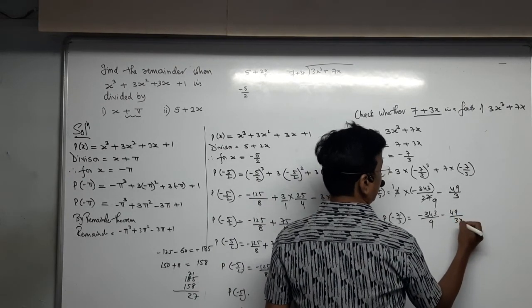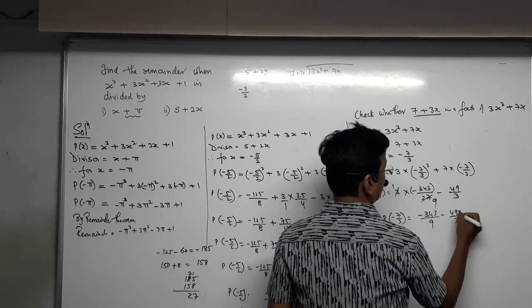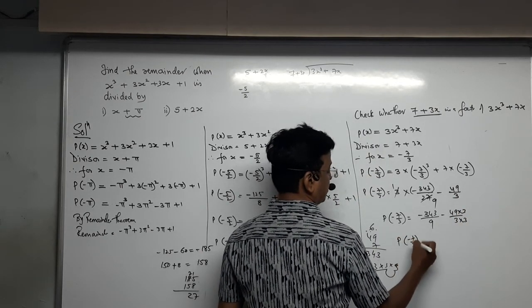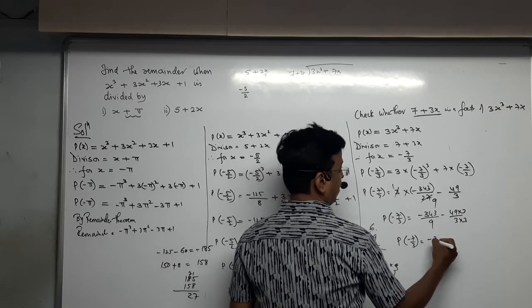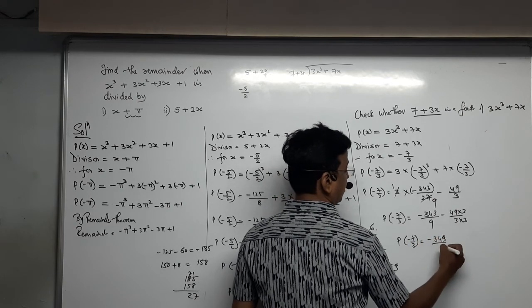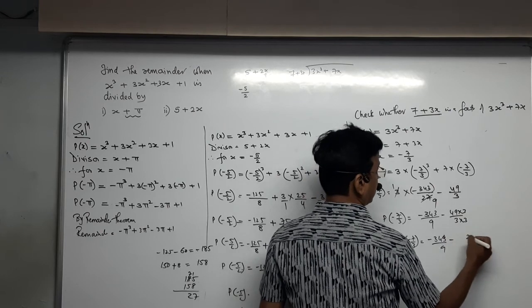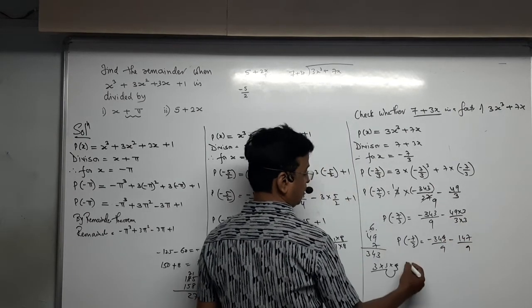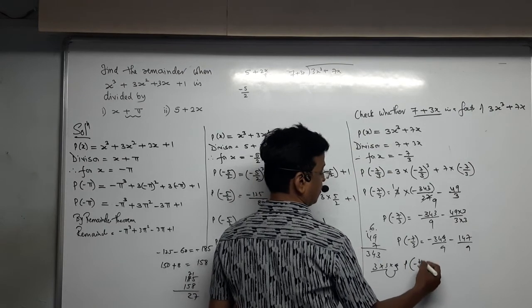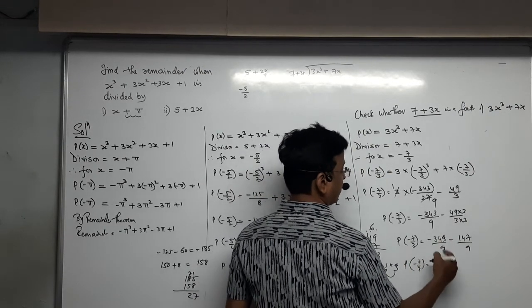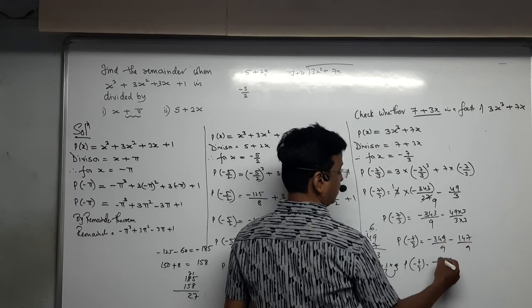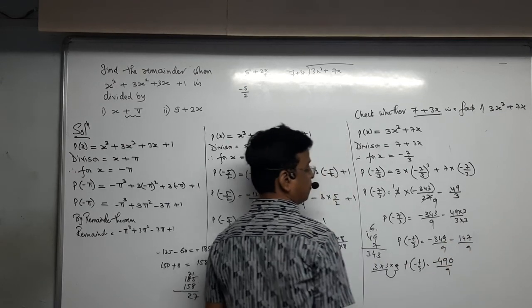But now this also I will have to equate. This also I will multiply by 3. So what will I get? P of minus 7 upon 3 is minus 343 upon 9 minus 3 9s are 27, 147 upon 9. So again this is going to be something different. If I have to add, minus 343 minus 147 is 490 upon 9.